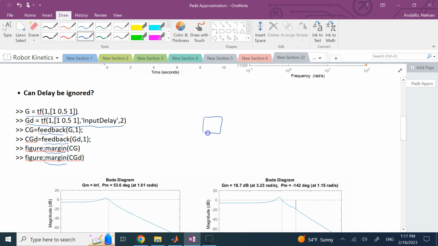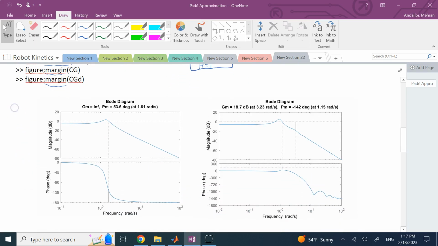So I put G and the delayed version of G in a unity feedback system, and then I will look at the stability of the closed loop system. Okay, so the feedback transfer function H here is 1. And the other time I put Gd instead of G.